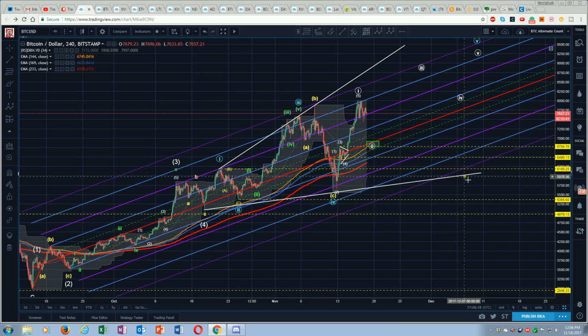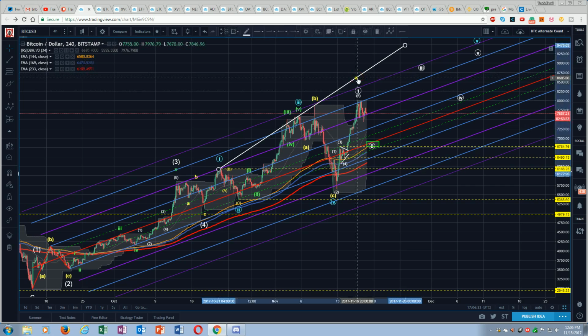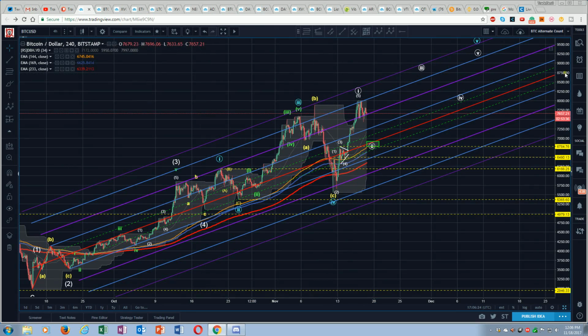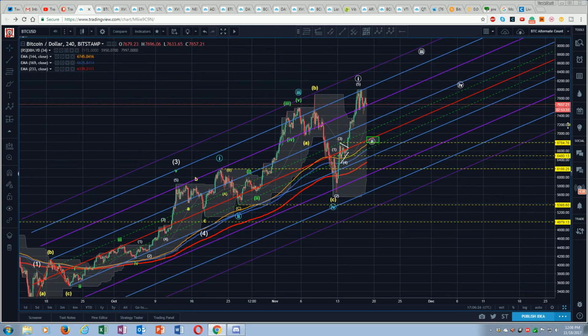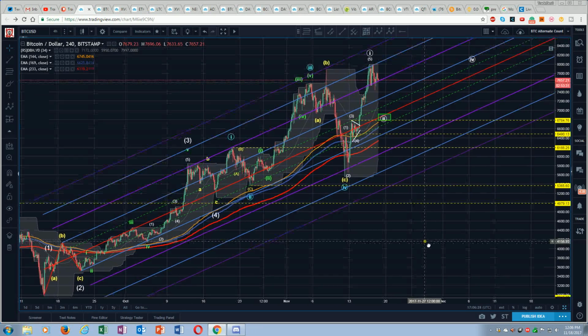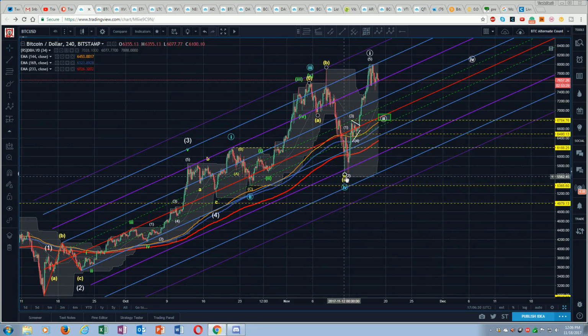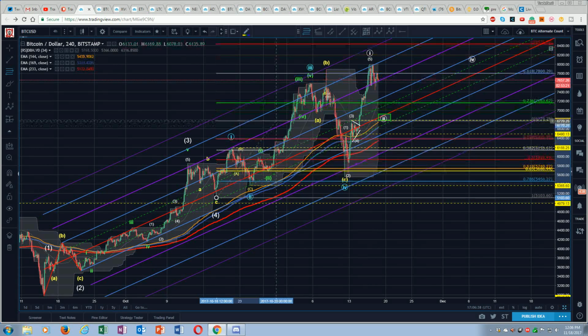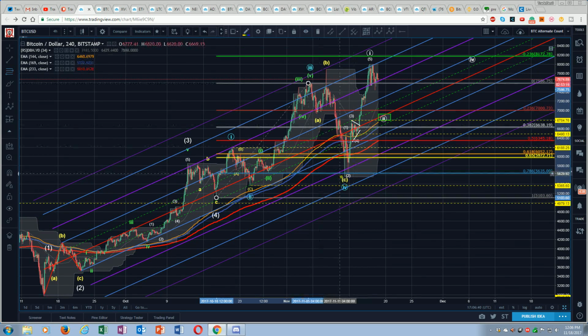So if we look at that, let me take some of this off so we can look at the fib relationships a little more clearly. Let me open this up. If that's a 4, and this is a diagonal, clearly a diagonal with the overlap of the 1, then we would be looking at the fib relationship between the start of it to the 3rd wave high. You can see we go to the 786, we wick through it.